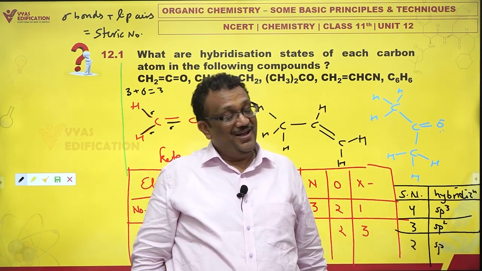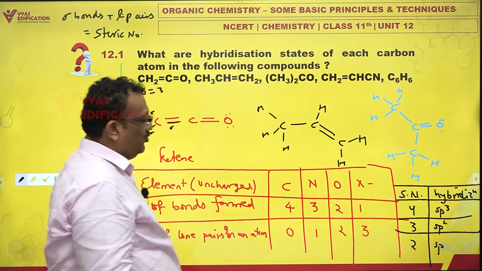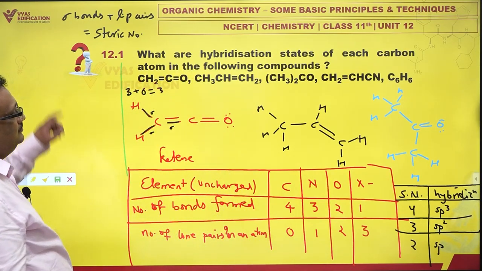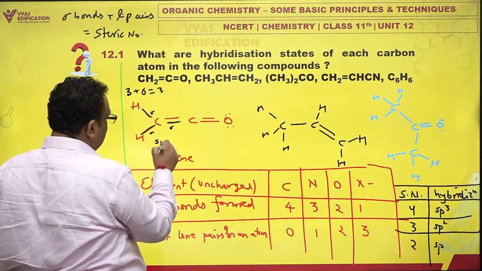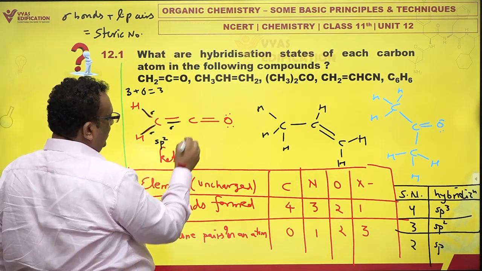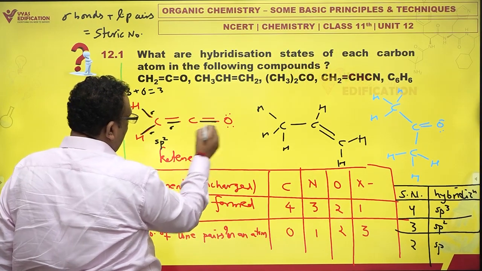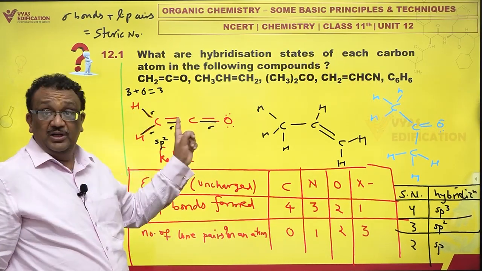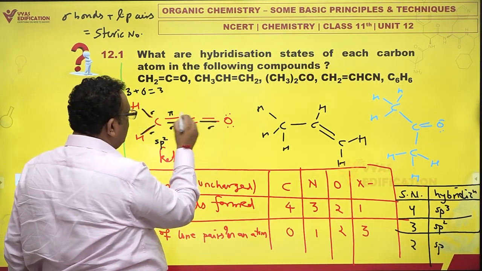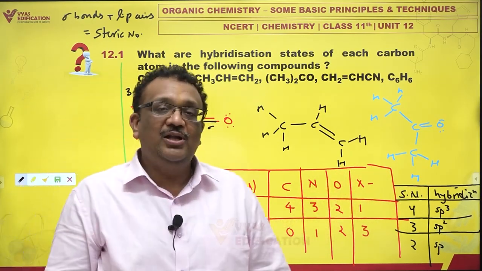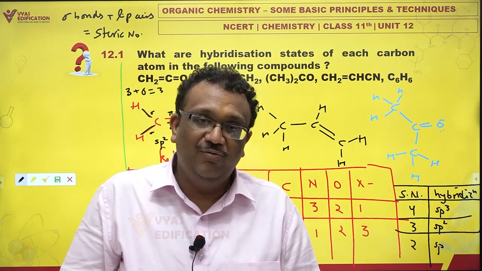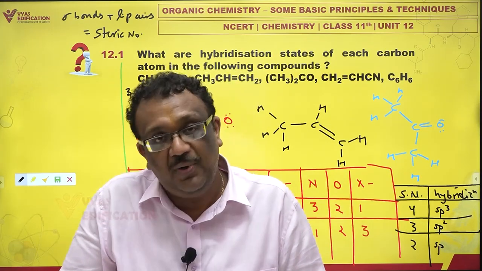That is the way, my dear. So we have this carbon as sp2 hybridized. What about this one? Only one bond is sigma. Please remember, these are pi bonds. There is nothing called an upper or lower bond; you can choose any one of them to be sigma, and the other one is pi.